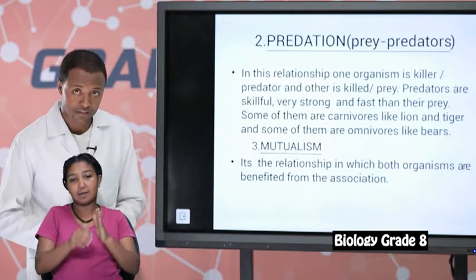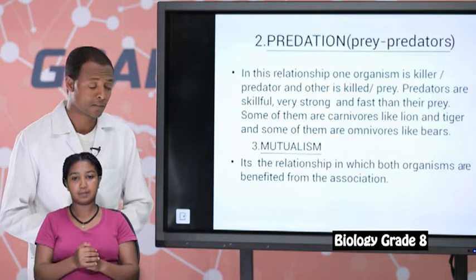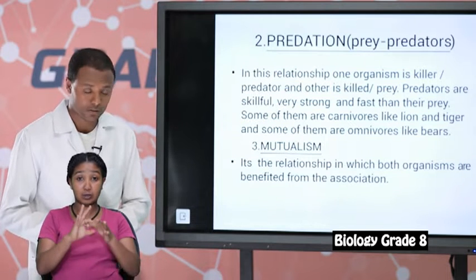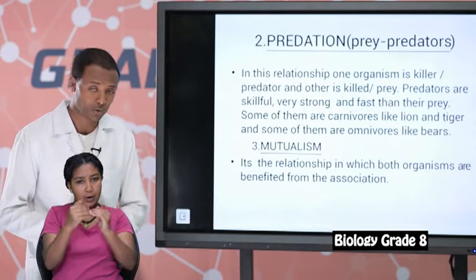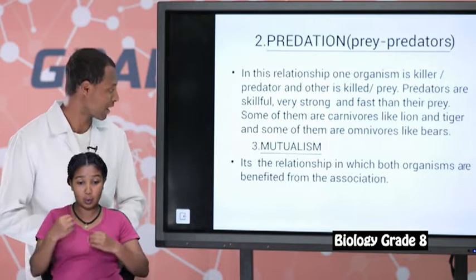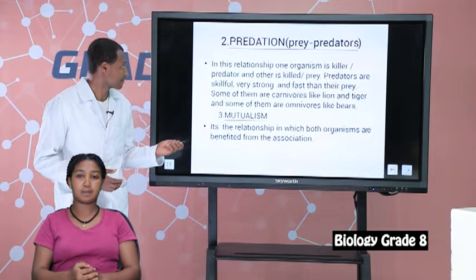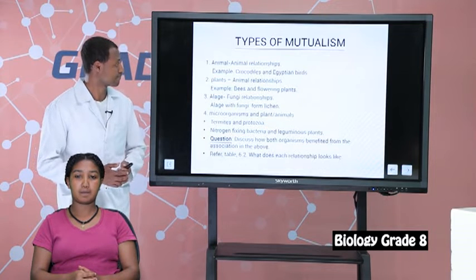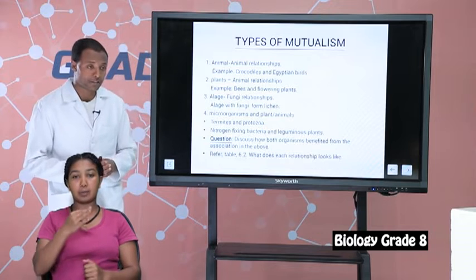The third association is mutualism. In this association, both organisms benefit equally from the association. It is the relationship in which both organisms are benefited. Let me see one by one types of mutualism.